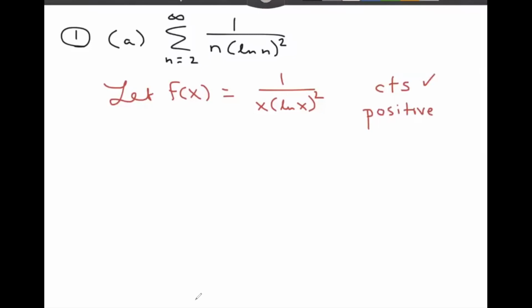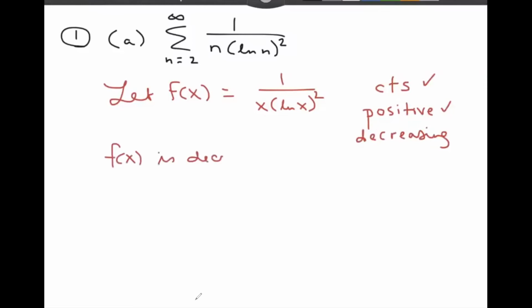We're multiplying x, which is at least 2, by something squared. So that is definitely going to be positive. Usually the thing that takes the most time to check is the decreasing part. That's not going to take a lot of time in this example, but it will in a couple of the other examples.